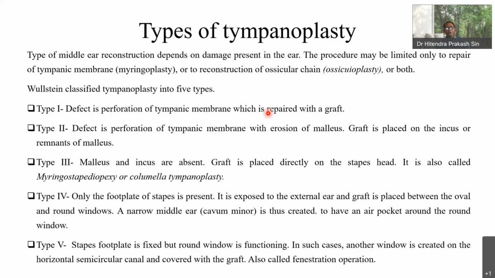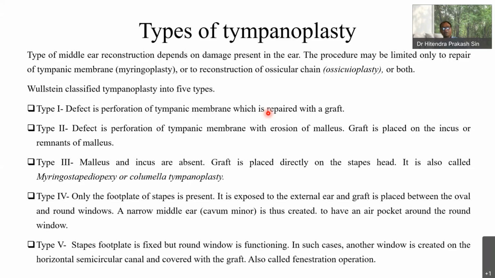Type 4, only the footplate of stapes is present. It is mobile, but all of the ossicles are destroyed. Then in this type 4 tympanoplasty, the round window is exposed to the external ear. The graft is placed between the oval and round windows.